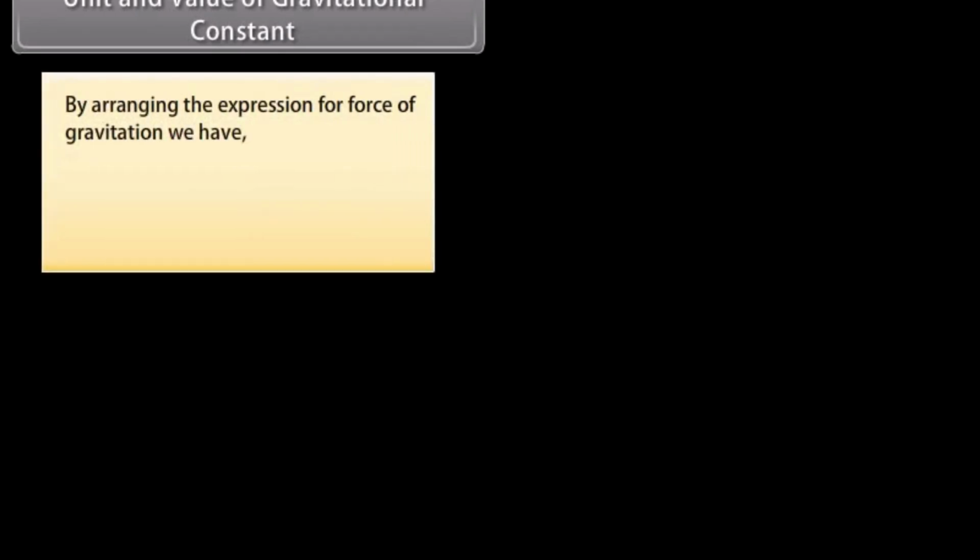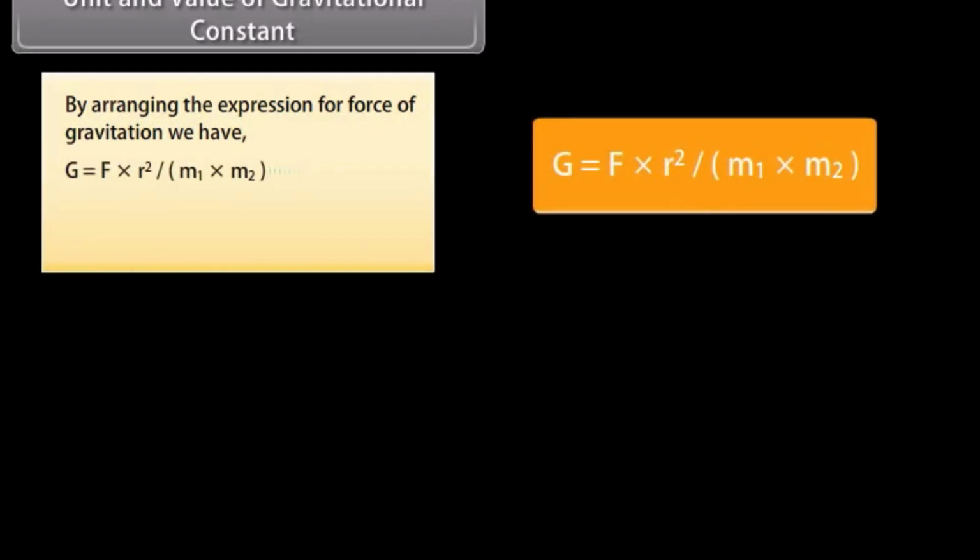Unit and value of gravitational constant. By rearranging the expression for force of gravitation, we have G is equal to F into r square upon m1 into m2. SI unit is Newton meter square per kilogram square, or Newton meter square per kg square.